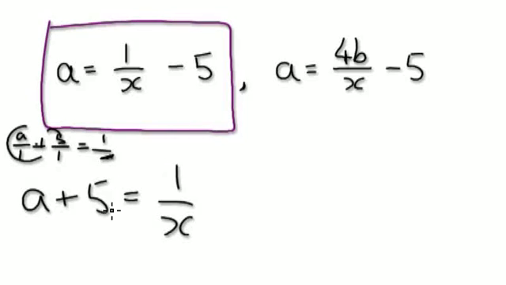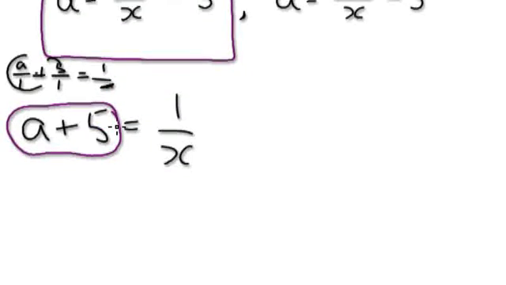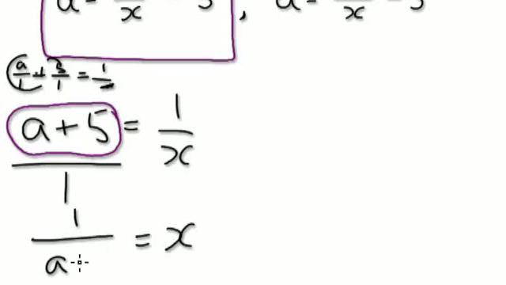You could do that. But I'm just going to visualize this as one bubble here, one bubble there over 1. That's the way I'm going to visualize it. So you've got that over 1, and then take the reciprocal of both sides. So it would be this, 1 over a plus 5.